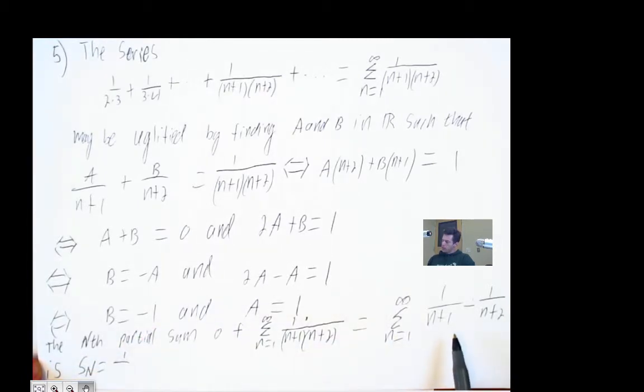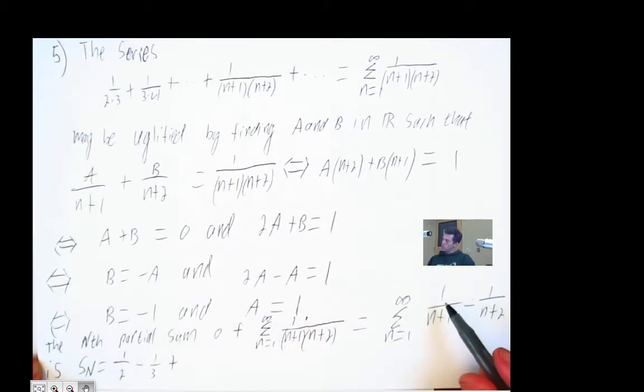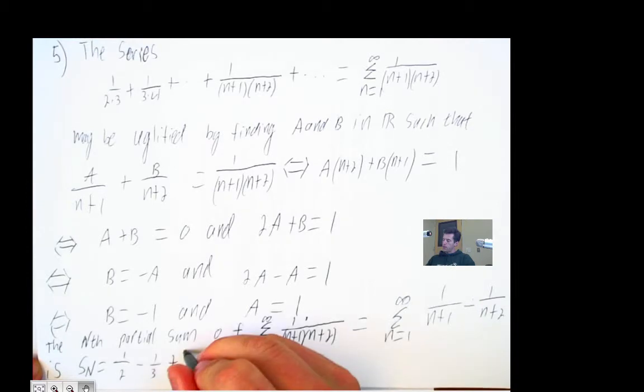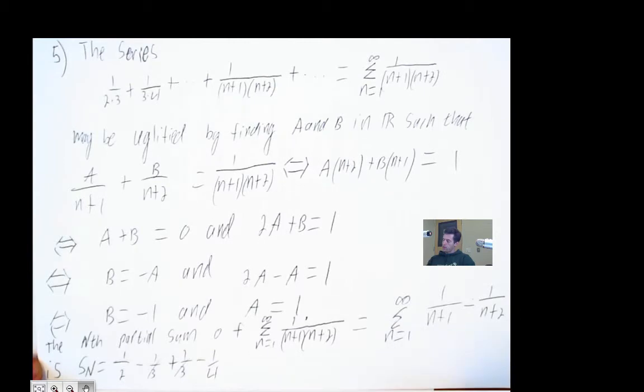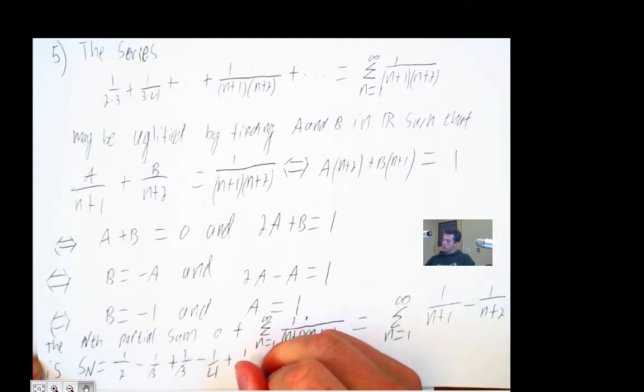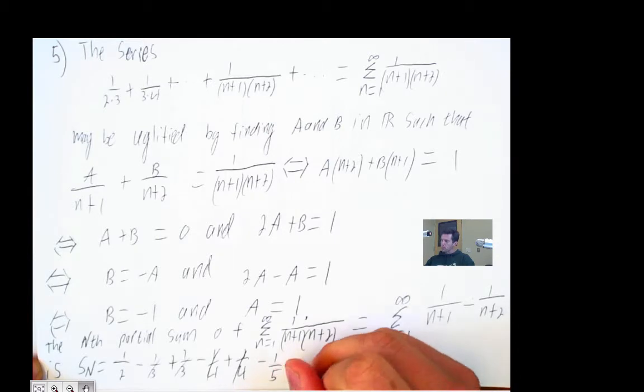Let's write out the first term. The first term, n equals 1, is 1/2 minus 1/3. The n equals 2 term is 1/3, and then I subtract from that 1/4, and I notice that the 1/3 and the 1/3 vanish. The next term has n as 3, that'll give me 1 over 3 plus 1, which is 4, minus 1 over 3 plus 2, which is 5, and I see that these vanish, and then plus dot dot dot.